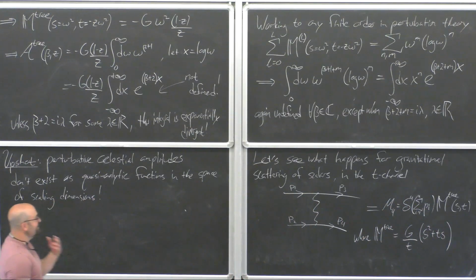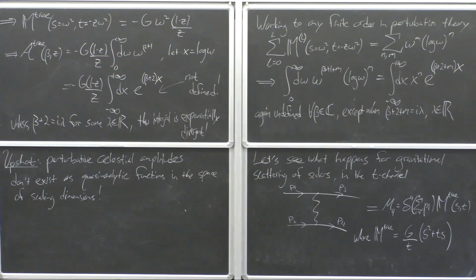So this is a very generic feature of celestial amplitudes. And the question is, is there any sense in which we can cure it? So I was talking to some of you about this the other day. Imagine trying to set up AdS/CFT, but where all of the CFT correlation functions you had were not well defined. You have nothing to match onto, right?